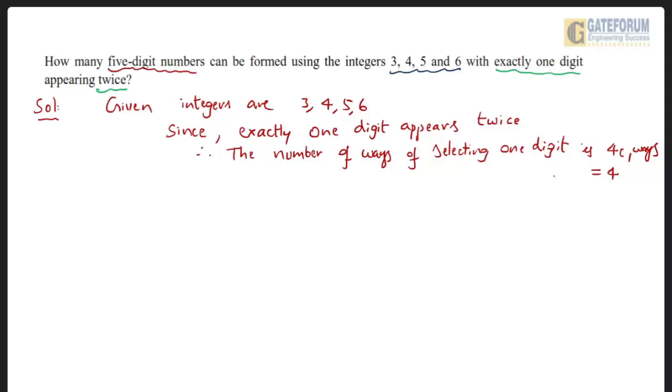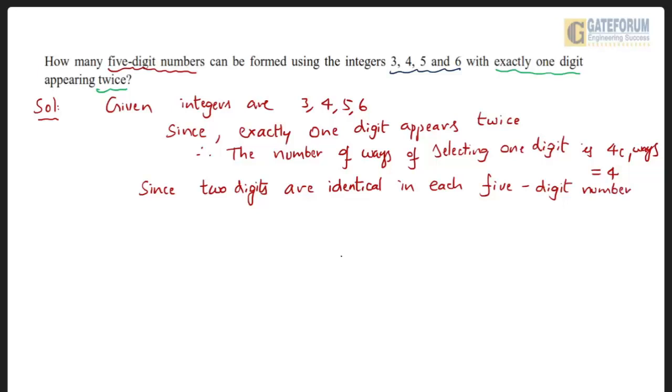Now, in each 5-digit number, 2 digits are identical, that means one digit is repeating twice in each 5-digit number.